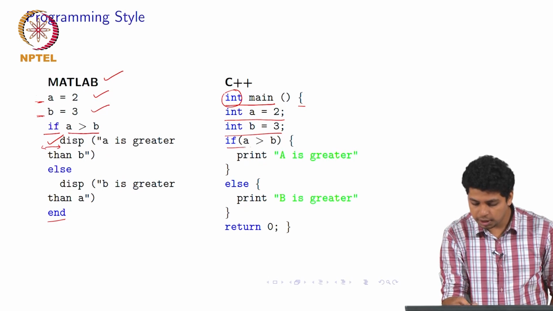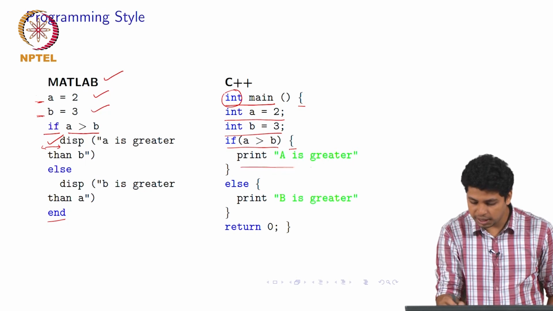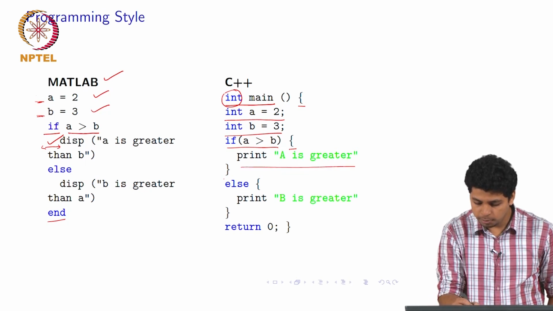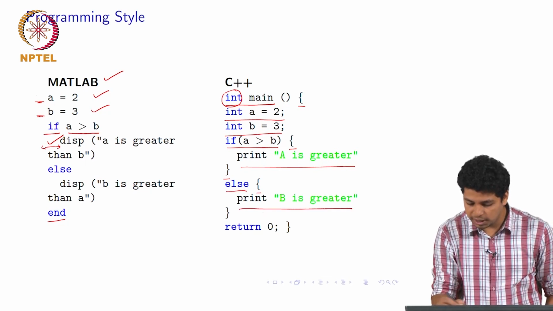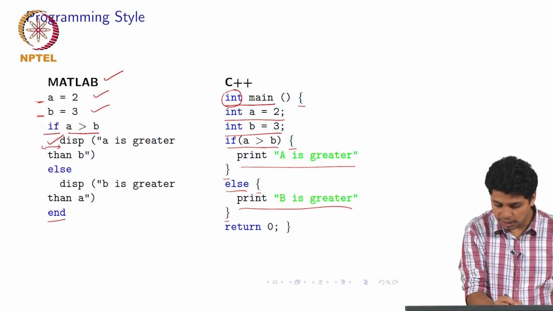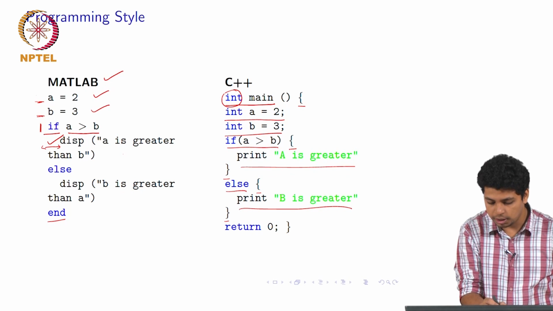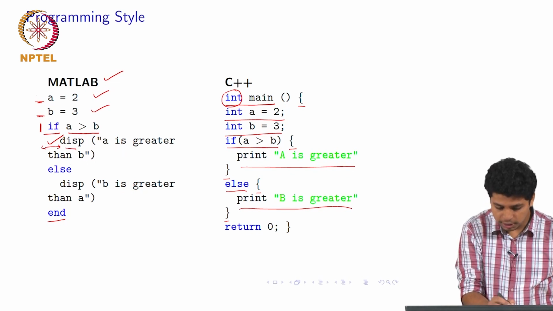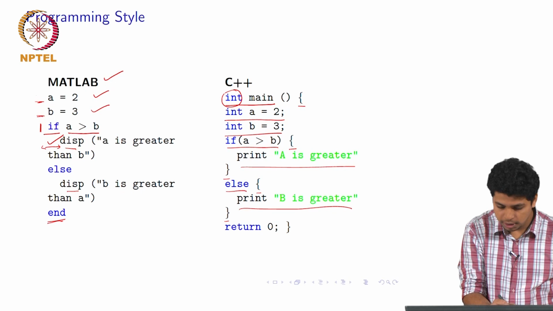Then you put a condition, and then again a curly brace. You print a statement, then you put a curly brace. Then you put an else statement, again a curly brace open, then you print the statement and close the curly brace. So in MATLAB, the difference is you just start an if statement, put your condition, put whatever statements you want executed, like display, then put else, put the second statement, and put an end.